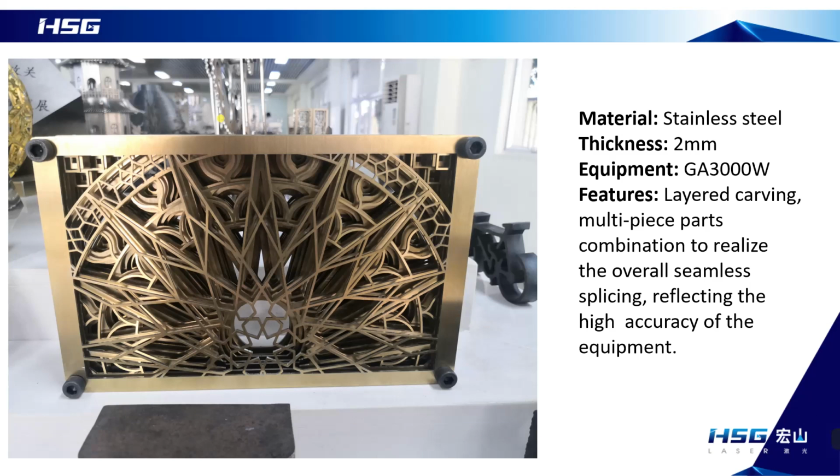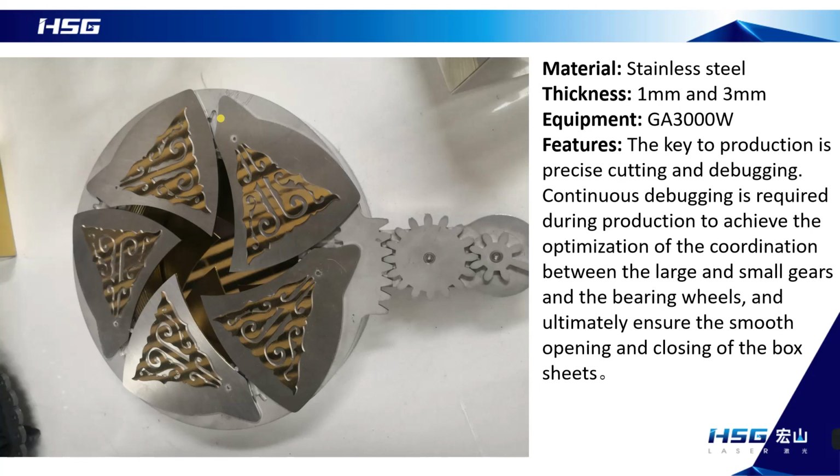This is 2mm stainless steel coated with a layer of gold, and we use a 3000 watt device to cut it, which is made of 7 to 8 pieces of stainless steel stacked together to form a three-dimensional picture. This is a combination of stainless steel 1mm to 3mm.